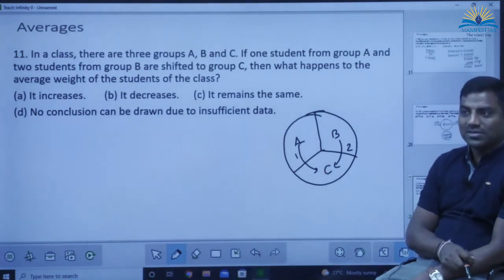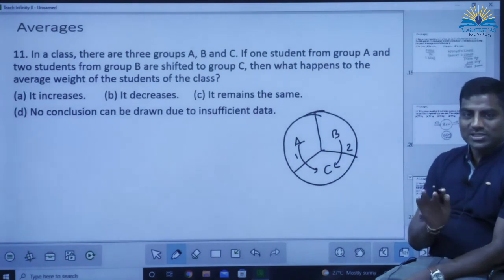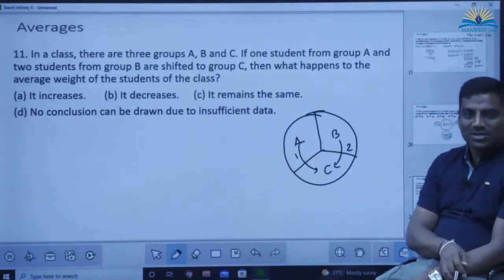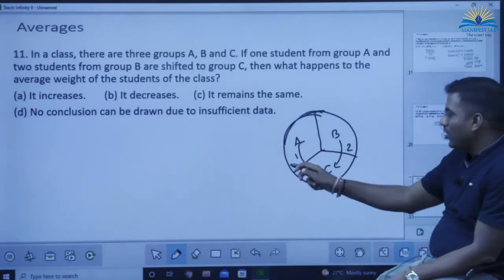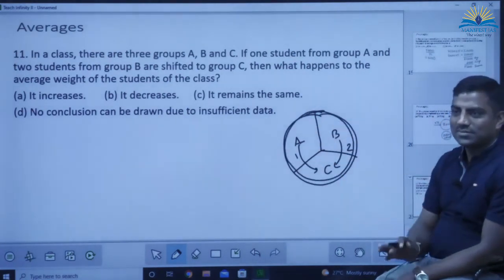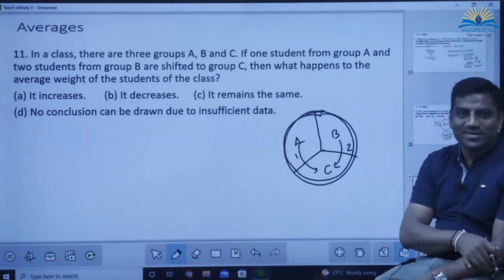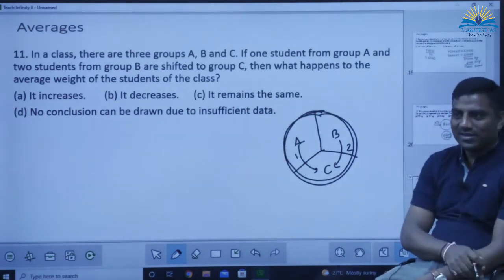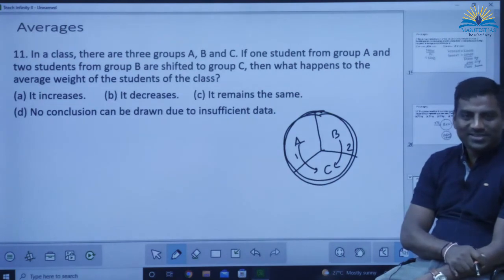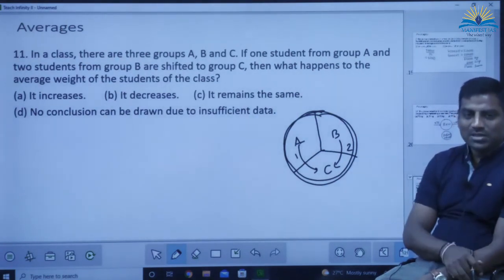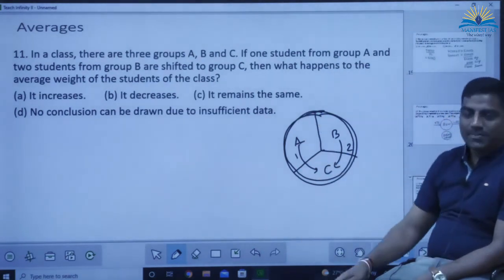That means we think of the equations between A and C, B and C. But we are talking about the whole class. Beyond this door, nothing has gone. It has remained indoors. The weight has remained the same and the people also have remained the same. That is why no change has happened.